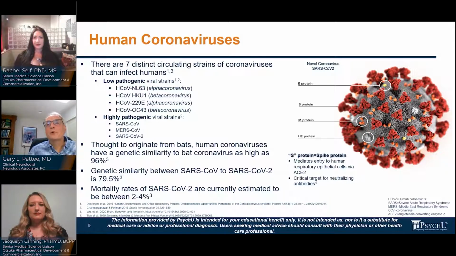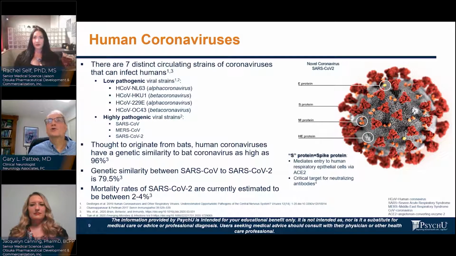Now, what we know about the coronaviruses as a class, there actually are three genera. There's alpha, beta, and gamma, but only the alpha and beta have been found to be infective in humans. And as Rachel mentioned, and the slide points out, there are 7 distinct circulating strains.